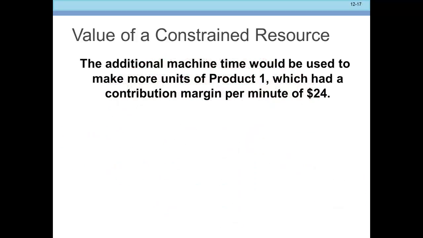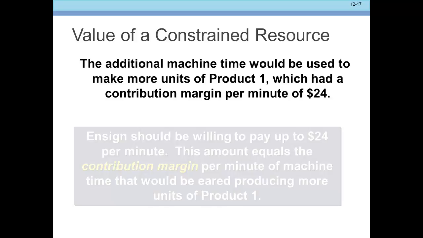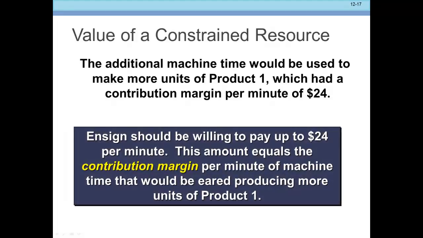Because the additional machine time would be used to make more units of product 1, Ensign should be willing to pay up to $24 per minute more. This amount equals the contribution margin per minute of the machine time that would be earned producing more units of product 1. If they pay any more than that, they would start to lose money.